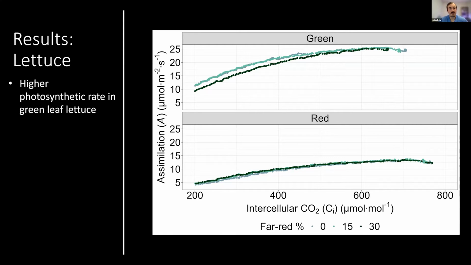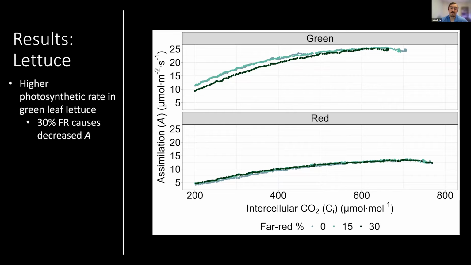For the green leaf lettuce, we see a higher photosynthetic rate, maxing out around 25 micromoles per meter squared per second. But on the lower figure, we see that the red leaf lettuce maxes out around 13 or so in that assimilation rate. So quite a big difference between green and red leaf lettuce, which is not unexpected in this case.